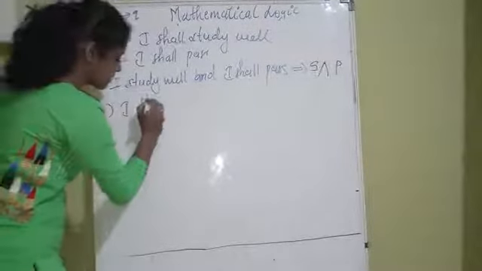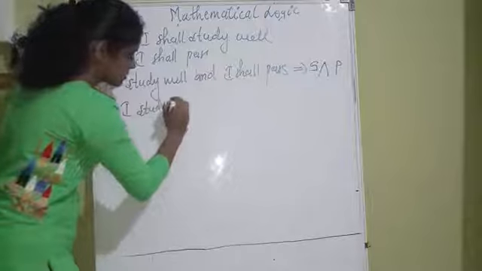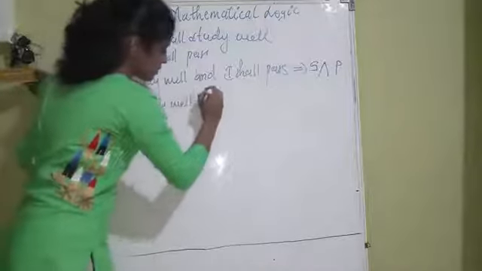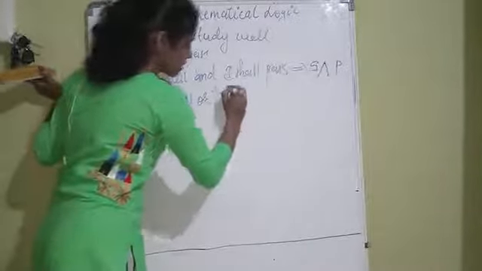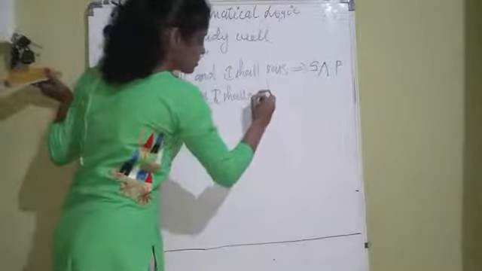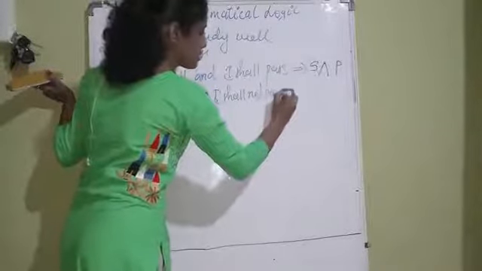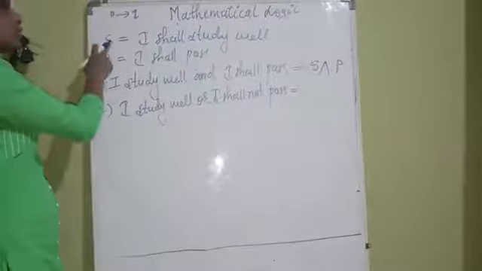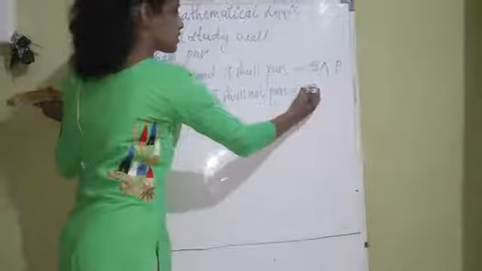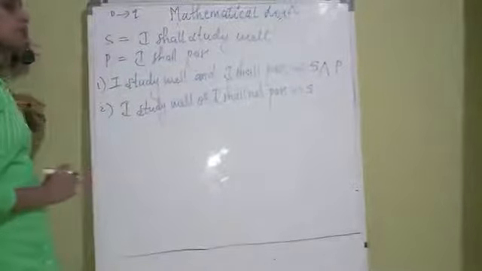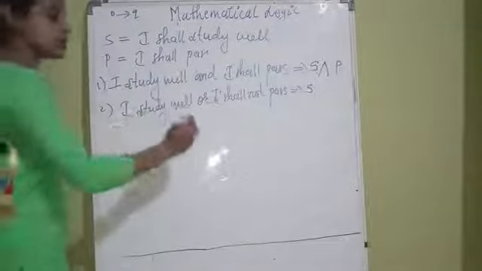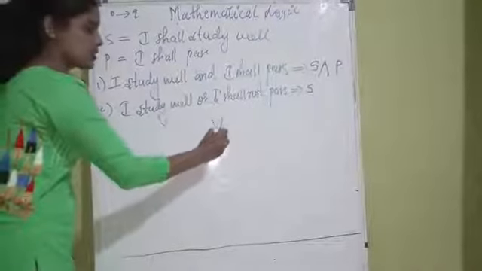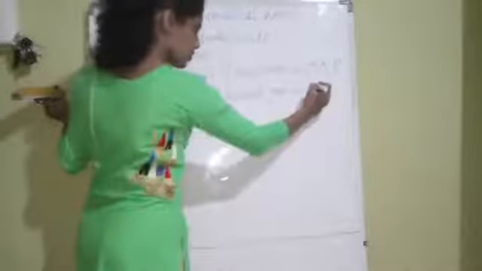I study well or I shall not pass. I study well means it is denoted by S. Now or is there. Or means what? Disjunction, and the symbol of the disjunction is this. Correct? So I study well or means this symbol.